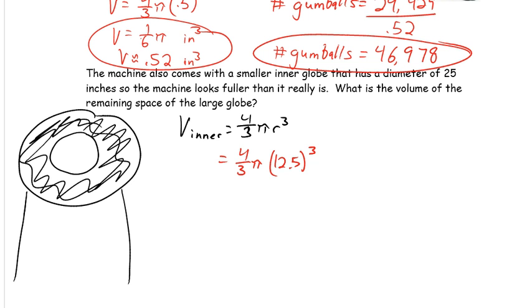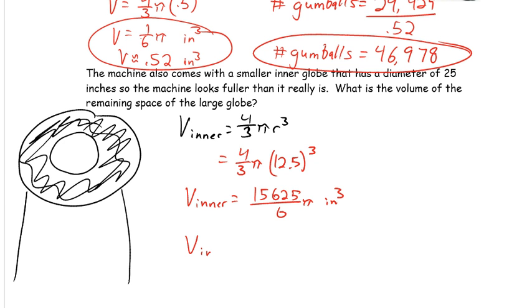So let's see, 12.5 cubed times 4/3, which is going to be some crazy number. So we have volume of the inner gets us 15,625 over 6 pi inches cubed.